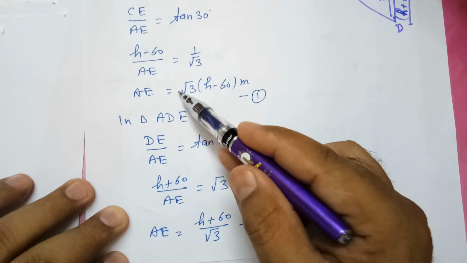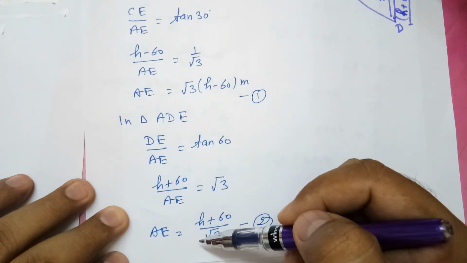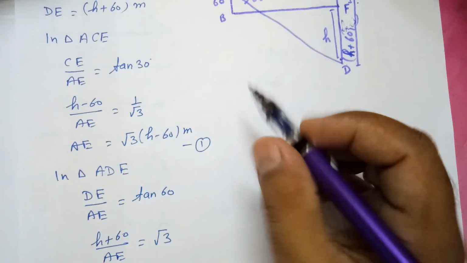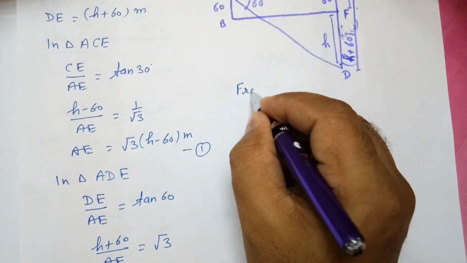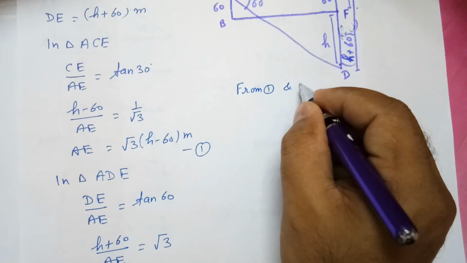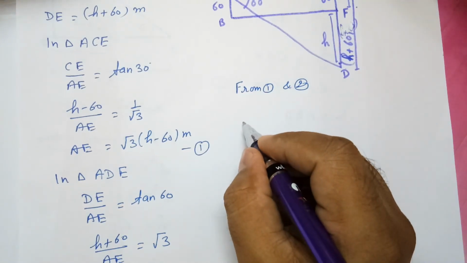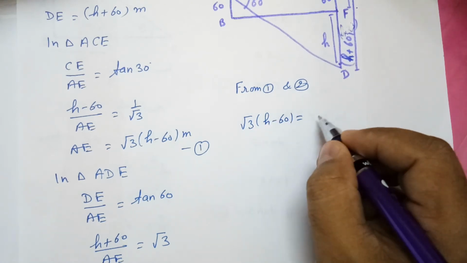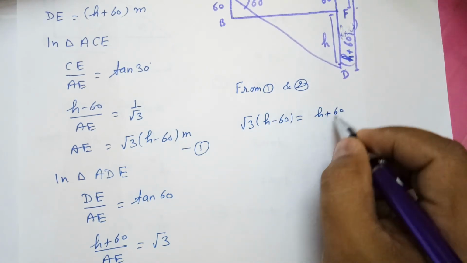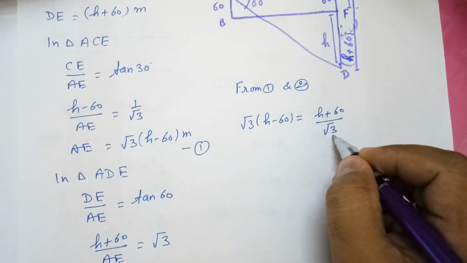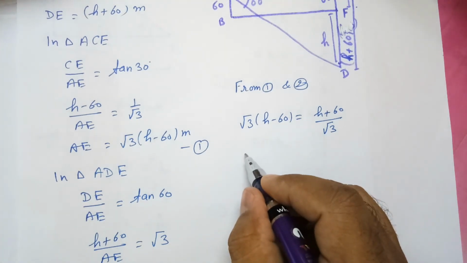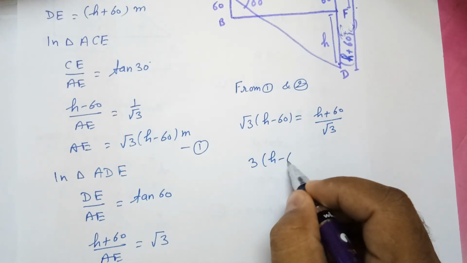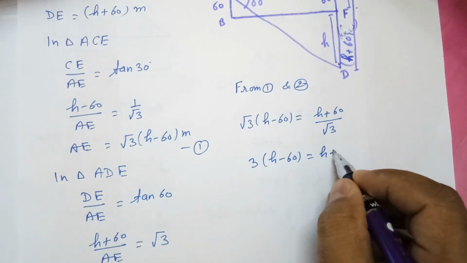So from equation 1 and 2, because both are the values of AE, equating both equations, root 3 into h minus 60 equals h plus 60 over root 3. So root 3 multiplied to this side becomes 3, root 3 into root 3 is 3, so 3 into h minus 60 equals h plus 60.